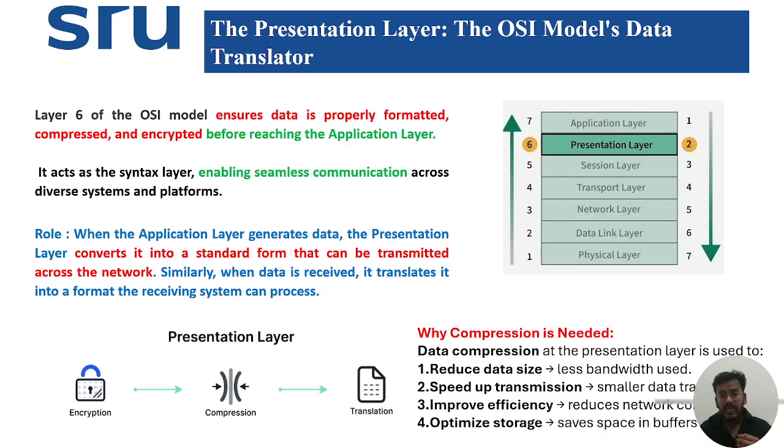Then it improves efficiency. It reduces network congestion as well. As we know, congestion is like overlapping or stopping of transactions, and it is reduced by using the compression process. Then it optimizes storage, saving space in buffer or memory.